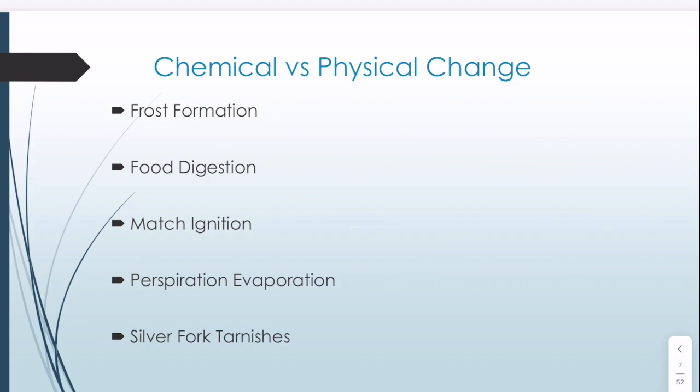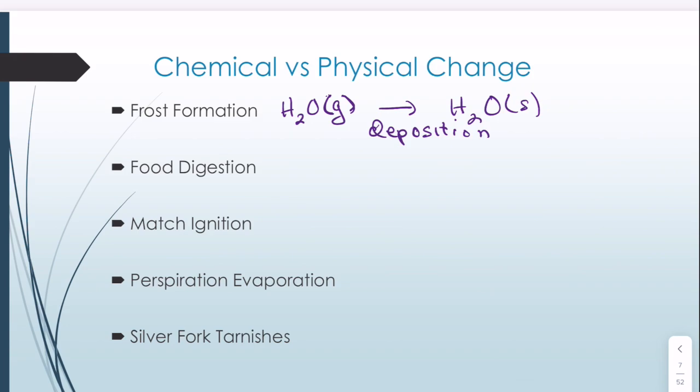Well, frost itself is just solid water. All right, well, where is that coming from? Well, frost actually is one process where the water vapor that's in the atmosphere is what then condenses to create, and it's actually called deposition, but it condenses to create the solid frost.